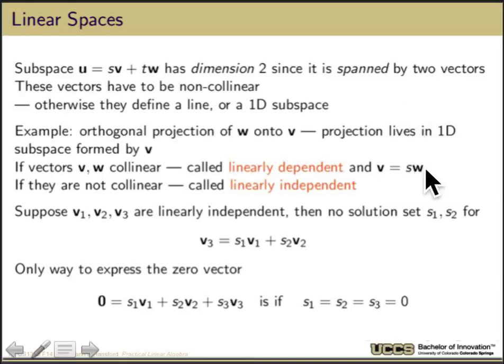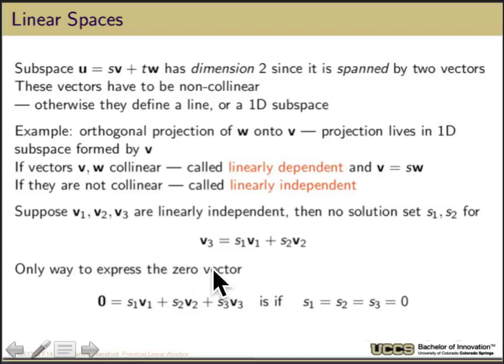So the orthogonal projections live in the space, and we can talk about them being either linearly dependent or independent. If v1, v2, and v3 are linearly independent, then there is no solution for the coefficients s1 and s2 to combine v1 and v2 to make v3, just like there wasn't in 2D.